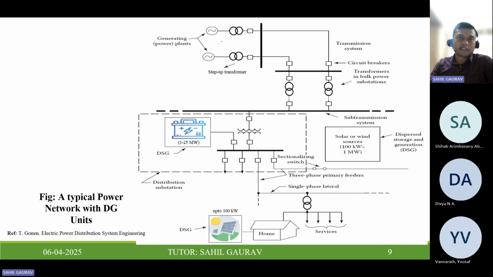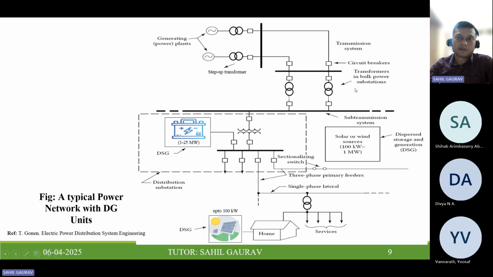So this is generating plants, and then we have this step up transformer, and these are circuit breakers, and then these are transmission lines and the circuit breakers, and these are substations where these transformers are present.